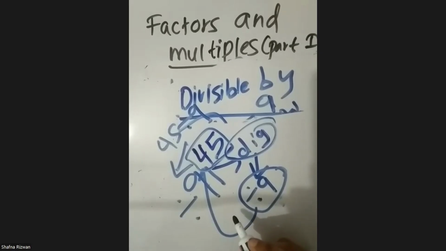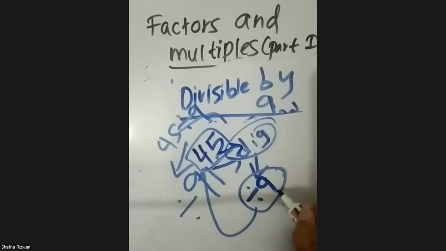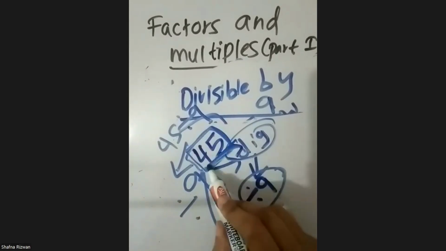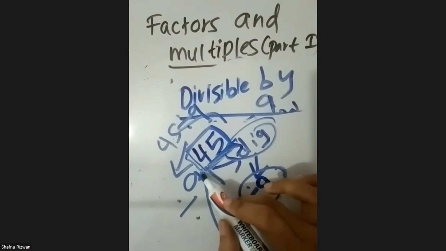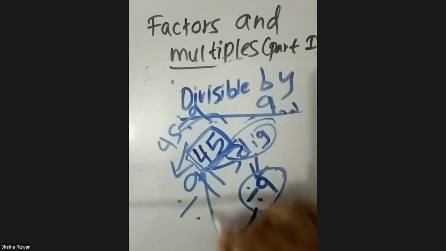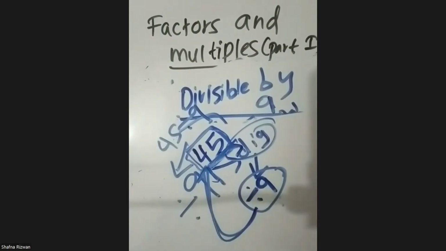No, you can't do that. For that, you have to find the digital root and see whether the digital root is divisible by 9, and then you can understand automatically that this whole number is divisible by 9. Did you all understand?